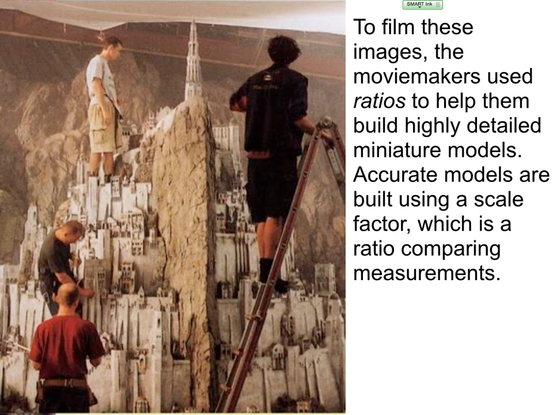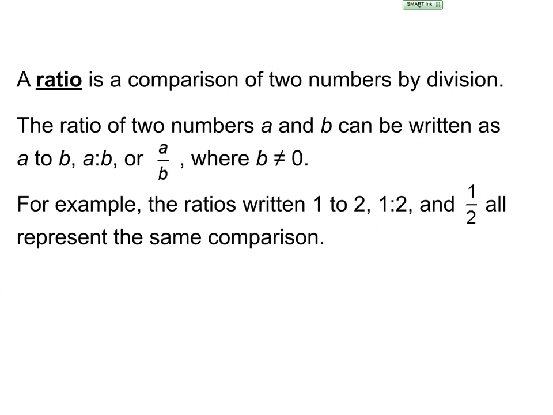That would be just one example. There would be a lot of other things. Okay, so what's a ratio? A ratio is a comparison of 2 numbers using division. Comparison of 2 numbers by division.